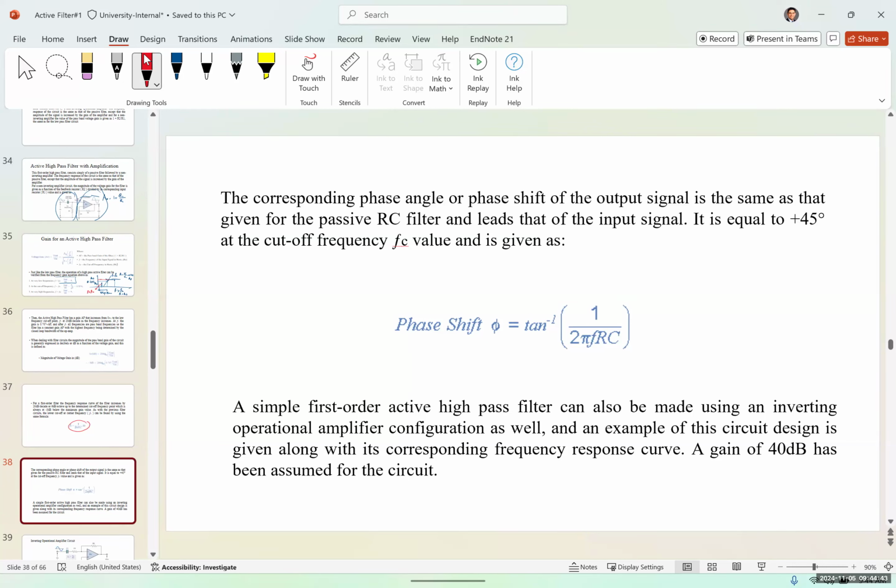So another point is that in the previous circuit, we learned that we can build an active high pass filter using a non-inverting amplifier. We can also build it using an inverting amplifier.